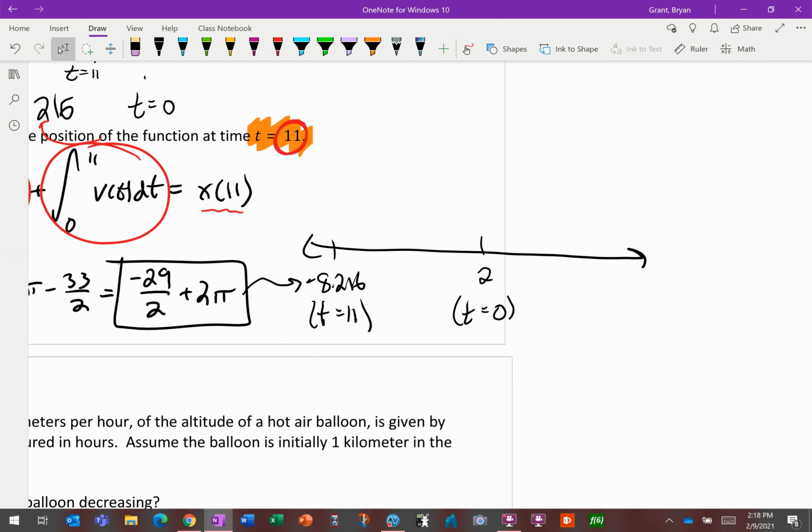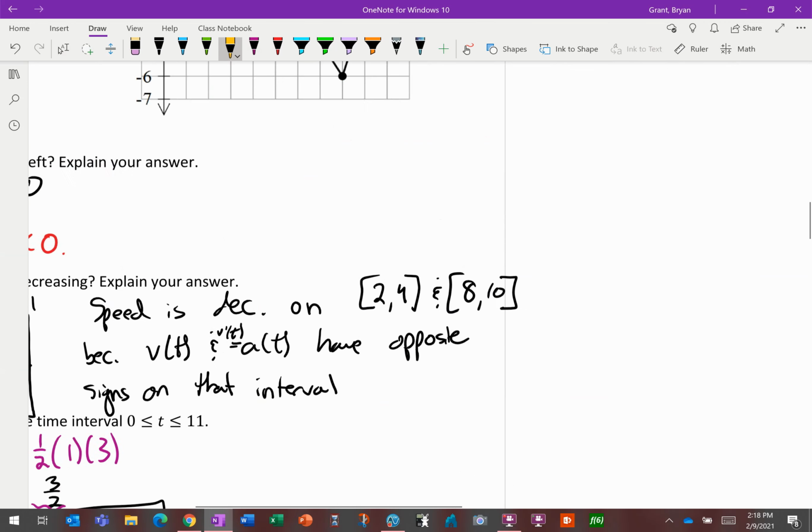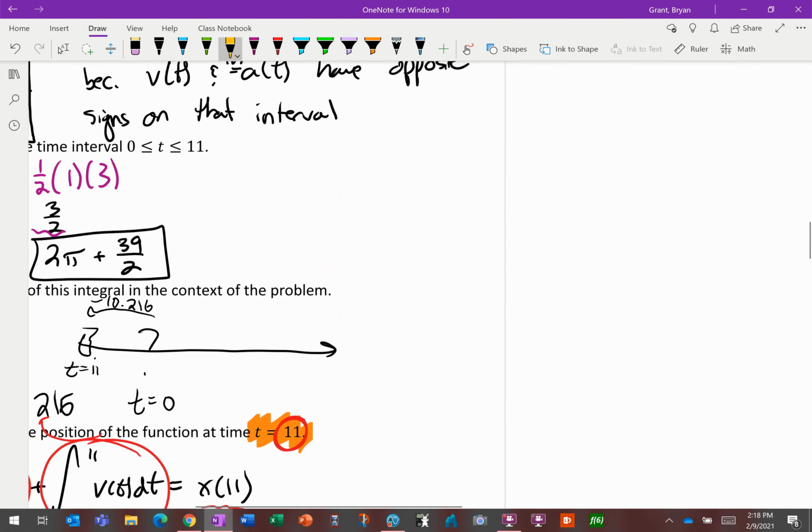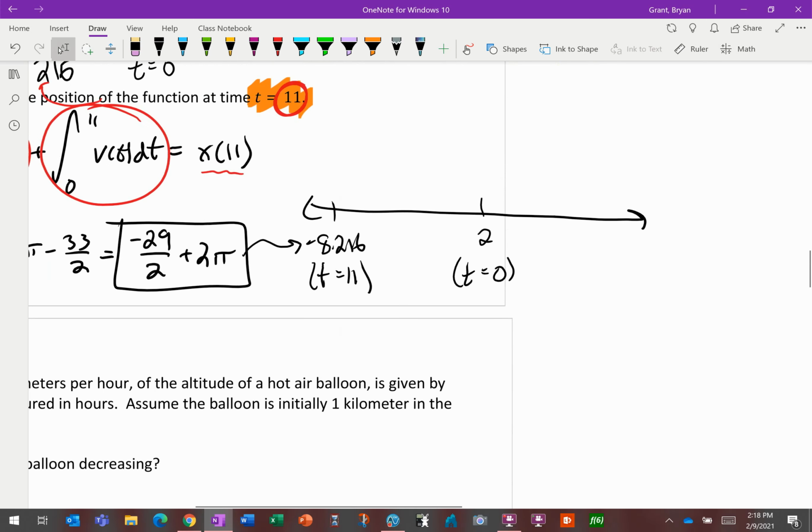But if you wanted, again, that same visual from what we did up above, right? We went to the right, then to the left, then to the right. Here's what happened. I moved to the right some amount, and then I stopped, turned around, and I moved, this is the triangle, the big triangle, to the left too far, and then I stopped and turned around and moved to the right just a little bit. And that's what got me to negative 8.216.